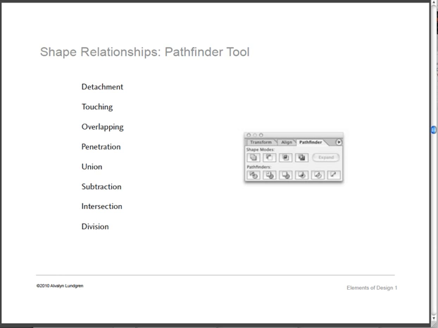But it's good to understand the issues of the Pathfinder tool, that palette, because we're talking about union, or subtraction, or intersection, or division, or overlapping. We're talking about creating transparency effects. So all of these issues are actually embodied in this palette in Illustrator.